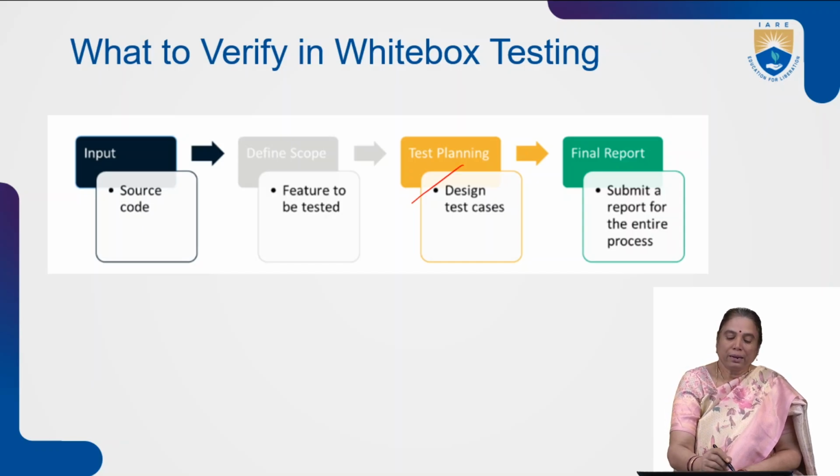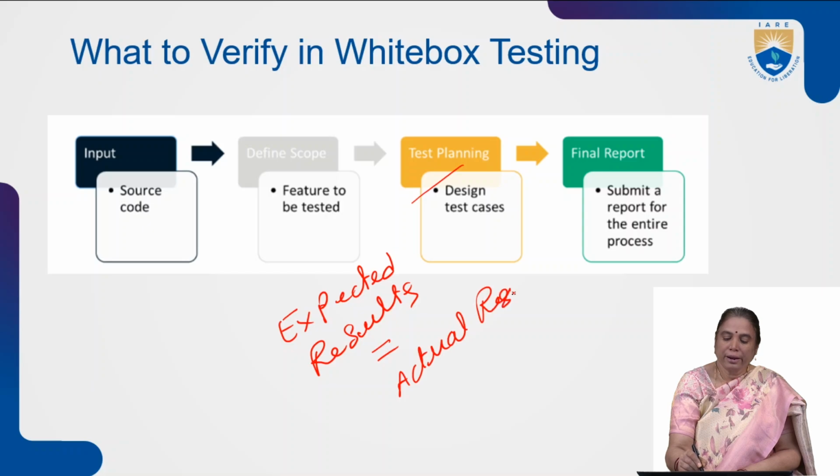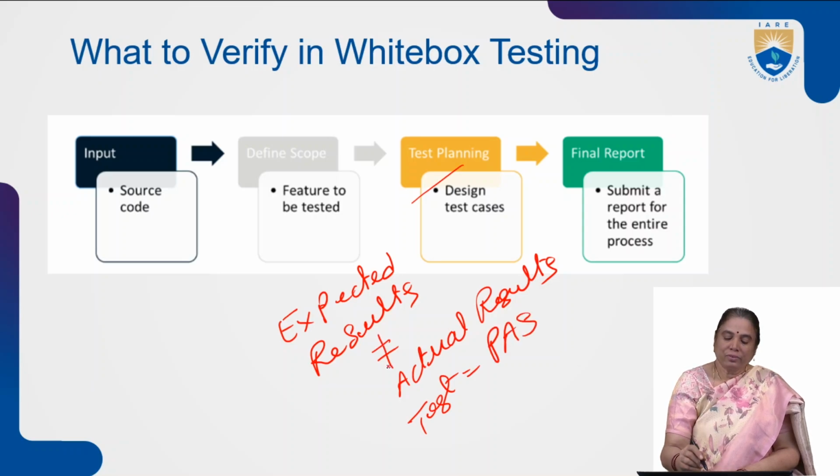If the expected results written in the test case are the same as the actual results after the code is executed, then the test status is pass. Otherwise, if they do not match, the test status is fail. The failed cases are the defects or bugs.